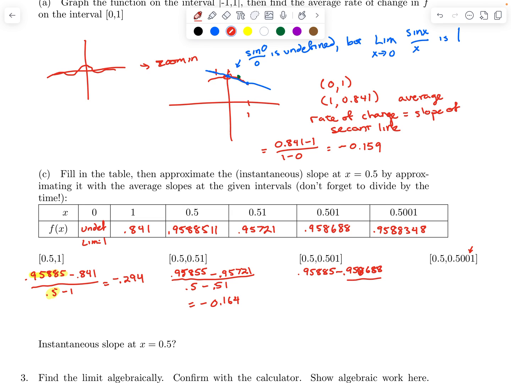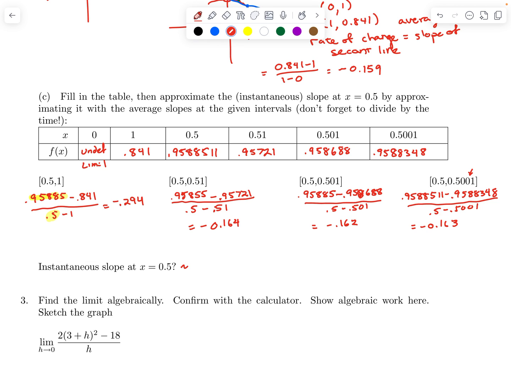Look on the table if you can't read that. So you look at the numbers, and the closer they are together, the more accurate you're likely to be. So we'll be saying it's approximately negative 0.163.